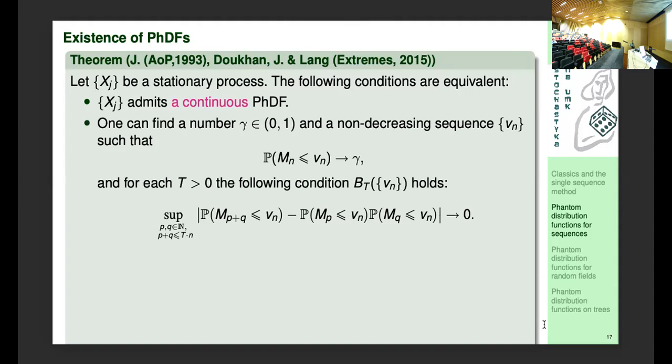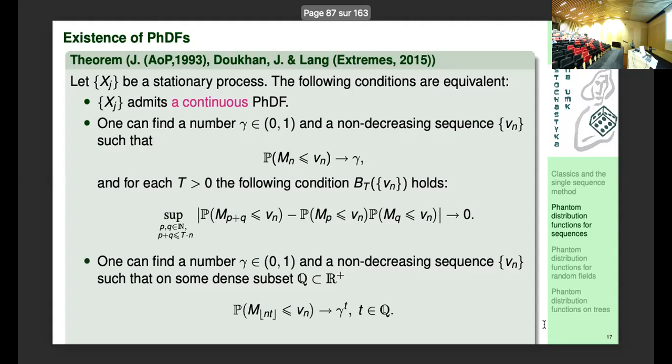And for each t, the following condition is satisfied. This is the B for breaking with time horizon t, because we see that t is here. For each t, we can break asymptotically those probabilities. This reminds, in a sense, of independence or asymptotic independence, but it is not. It is not.